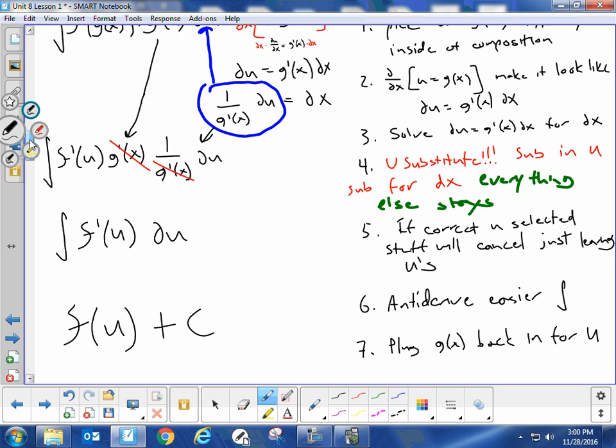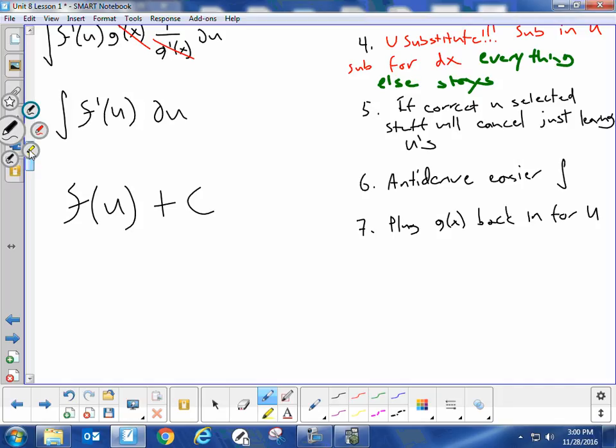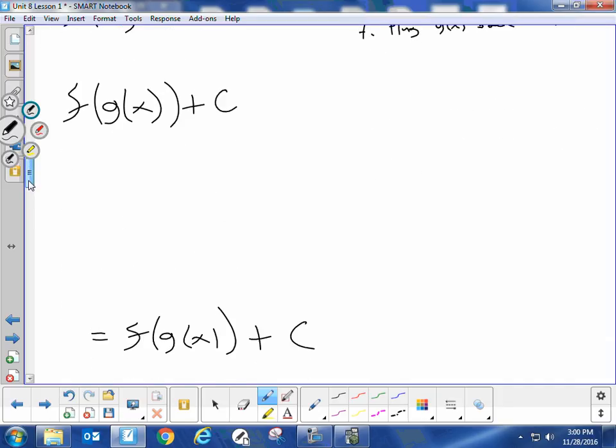Plug g of x back in for u. So u is equal to g of x. I have f of g of x plus c, the answer that I was looking for at the beginning.